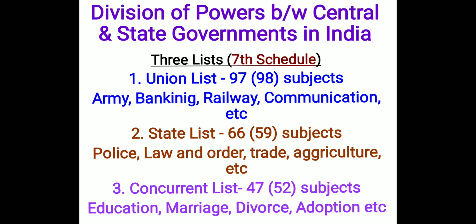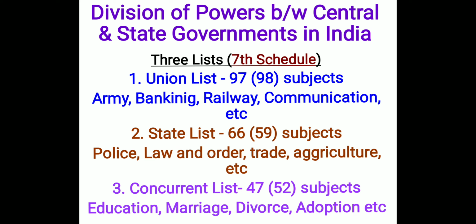Like union list has the subjects of national importance, like army, banking, railway, communication, foreign affairs, etc. Union list originally had 97 subjects, but at present it has 98 subjects.